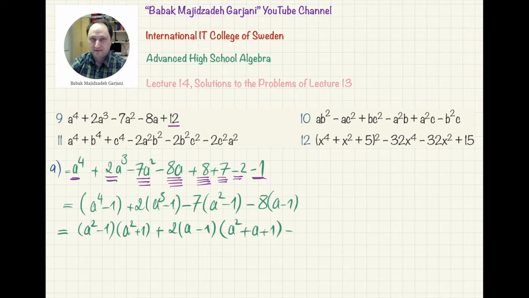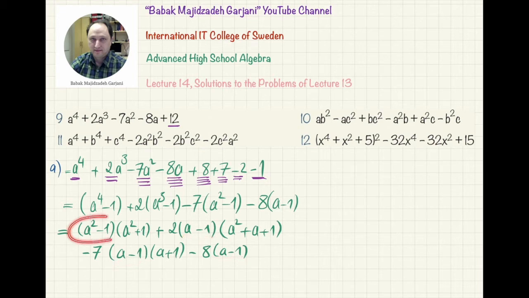The third one, so if you don't mind, let me write it here. The third one is minus 7. I can factor a minus 1, a plus 1. And then I will have minus 8 times a minus 1. If you don't mind, let me just do this one here, because of course you see that I have a minus 1 here, here, here, so I can pull it out.